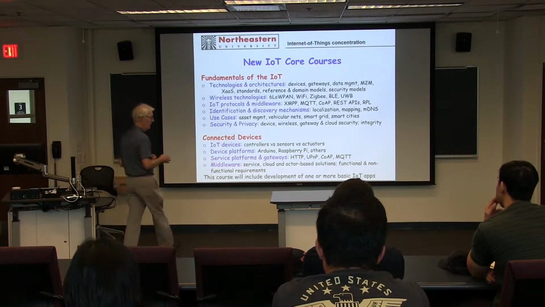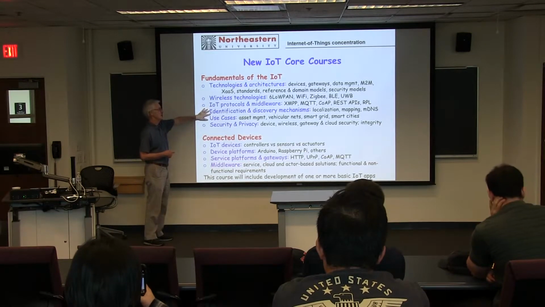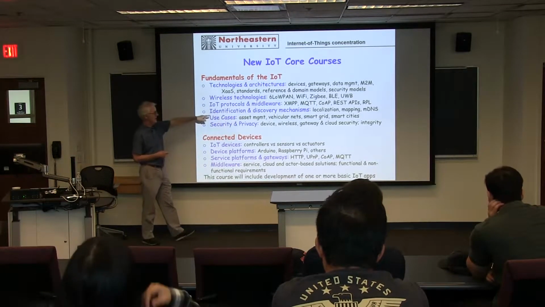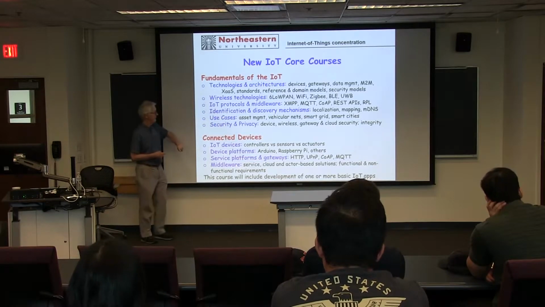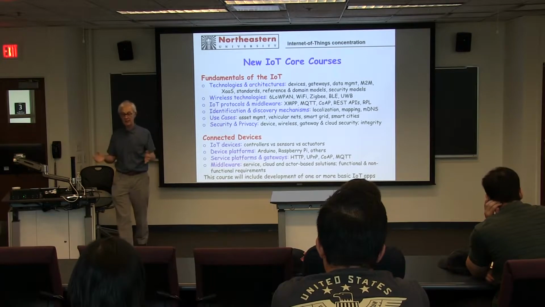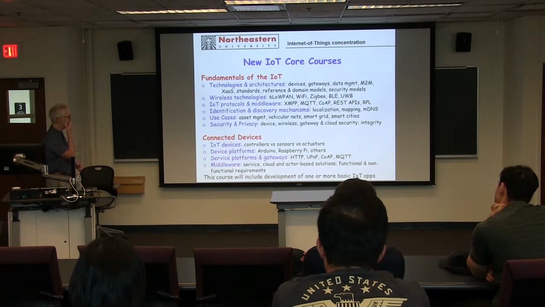And there are things like discovery and identification mechanisms, and then some use cases looking at cars, asset management, smart grid, and so on. And then obviously security issues involving the IoT, which is a big topic and operates at many different levels.